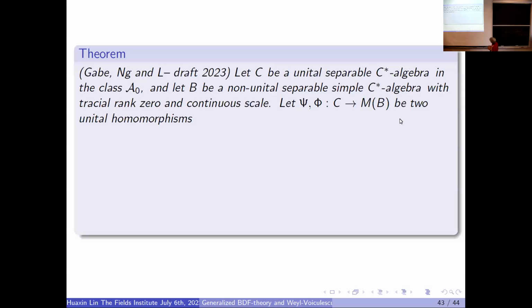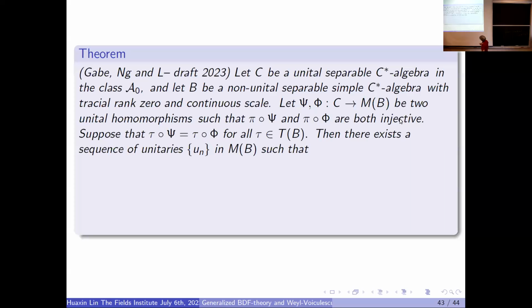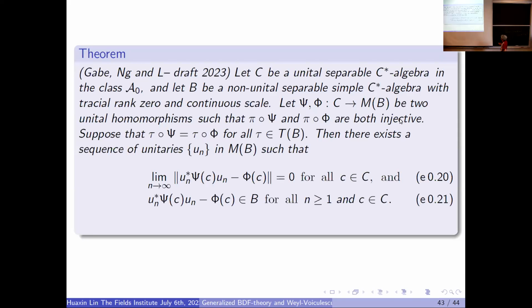Because you're really talking about the map from your algebra to the multiplier algebra. Say you have two maps, two trivial extensions from C to the multiplier algebra, two unital homomorphisms. Assume that on the quotient they are both injective, and they induce the same traces. Then, yes, there exists a sequence of unitaries in the multiplier algebra, so this works.